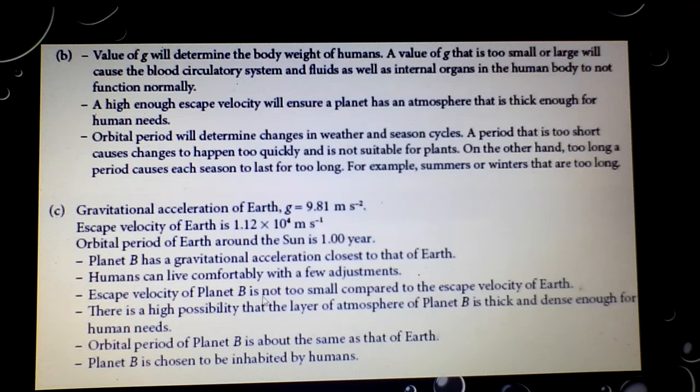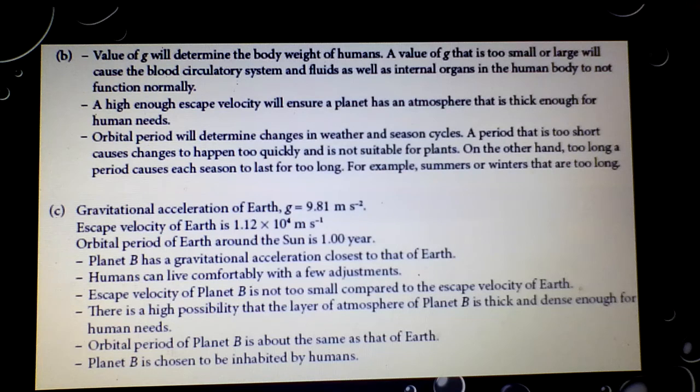Escape velocity of planet B is not too small compared to the escape velocity of Earth. There is a high possibility that the layer or atmosphere of planet B is thick and dense enough for human needs, meaning enough air. Orbital period of planet B is about the same as the Earth. So planet B is chosen to be inhabited by humans.